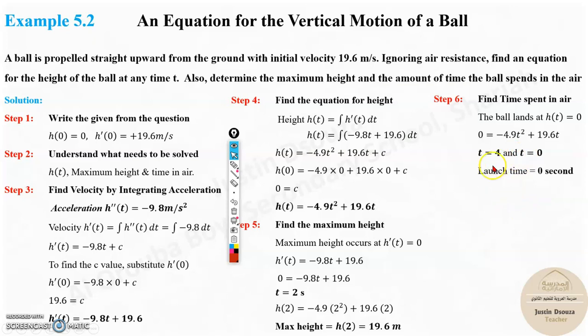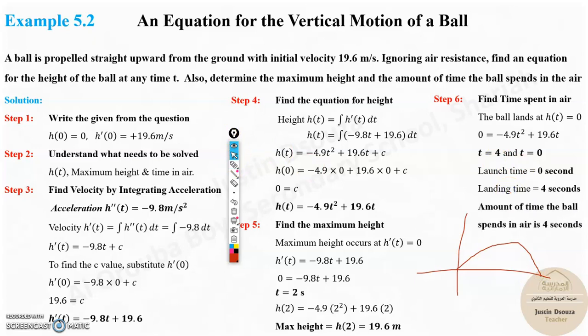That means the launching time, it starts at what? The initial time, it's 0, it starts at 0 and it reaches down at 4. Launching time is 0 and the landing time is 4. So how many seconds is the ball in the air? The amount of time the ball spends in the air is 4 seconds. Why?